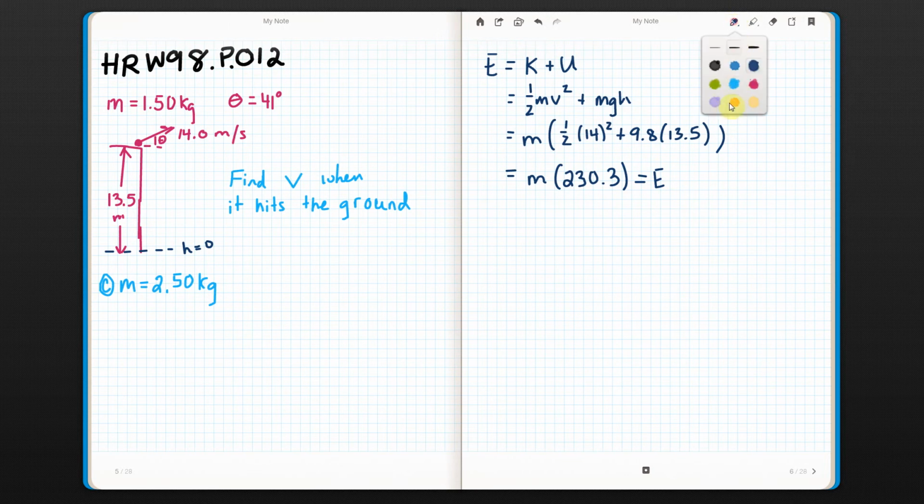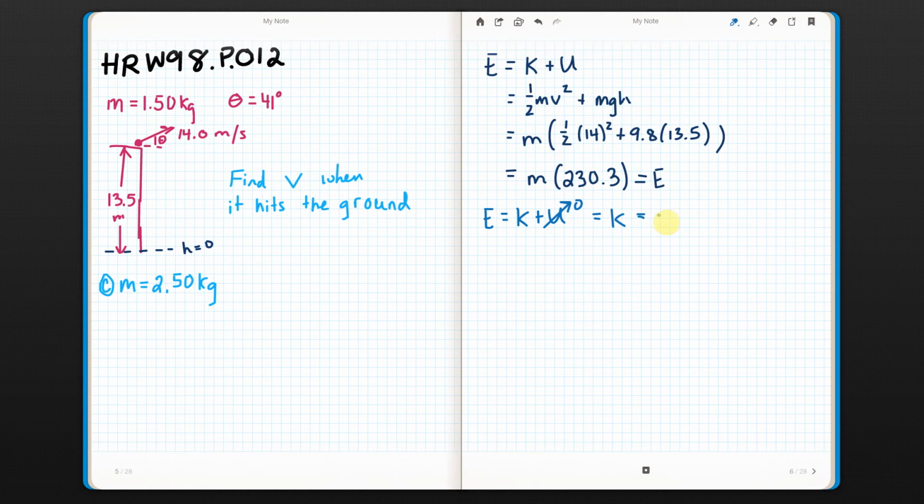Well, at the ground, it has kinetic energy plus potential energy. But in this case, it's at the ground, so the height is 0. That means the potential energy is 0. So basically, the energy just equals the kinetic energy.